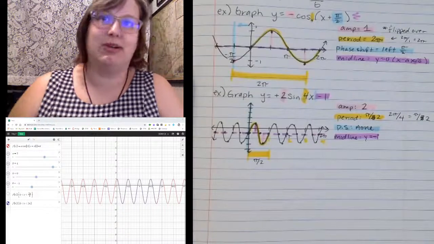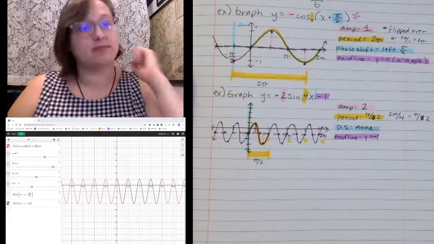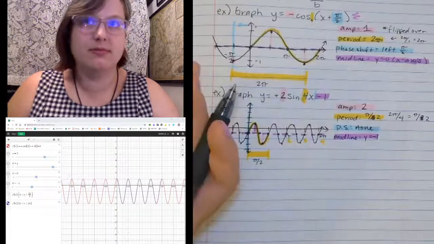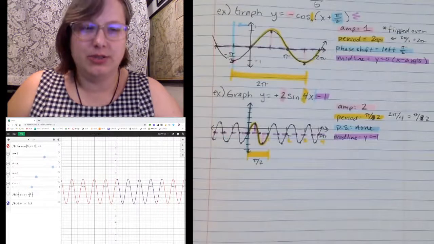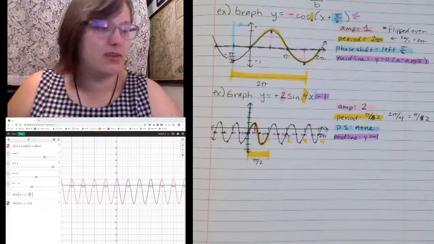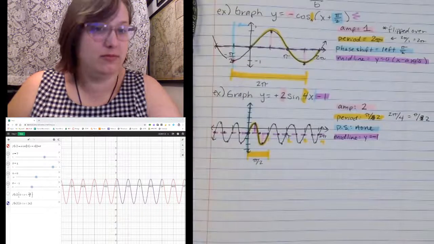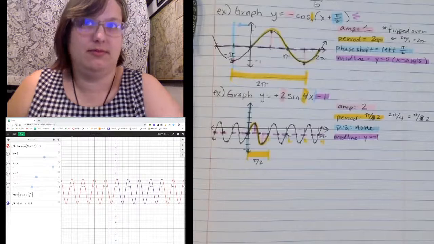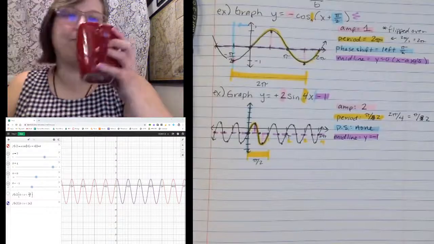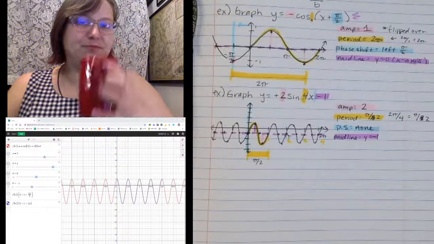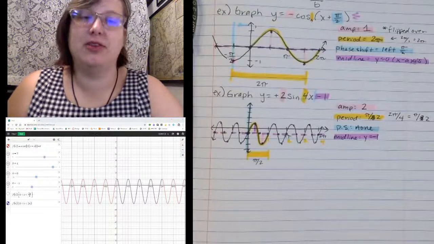I poured myself water and I left it in the kitchen. It's fine. Do you have 4 of them between 0 and 2 pi? If so, then you're good.